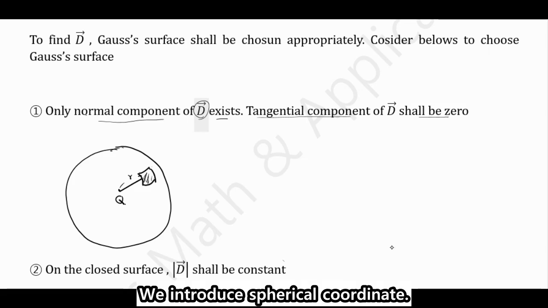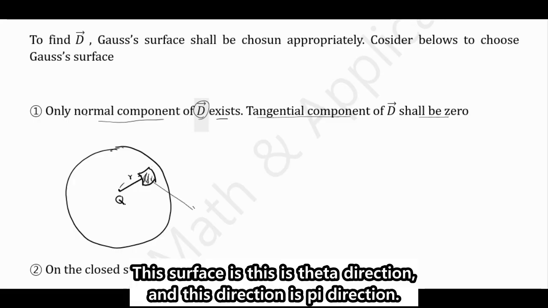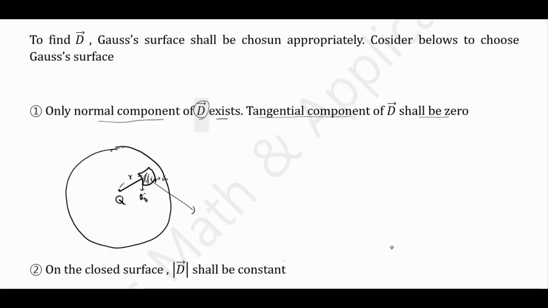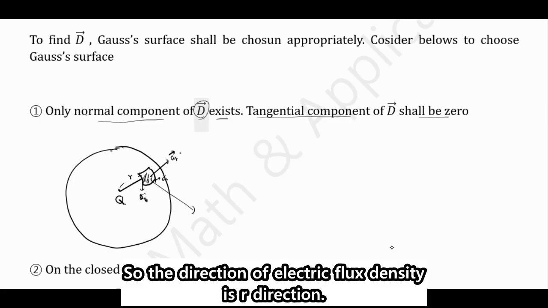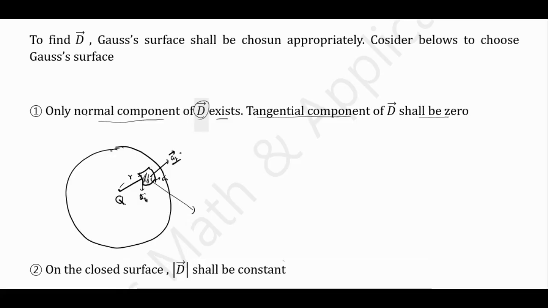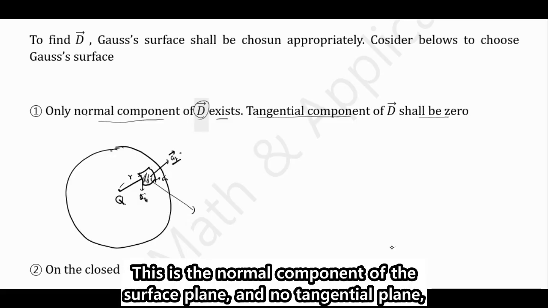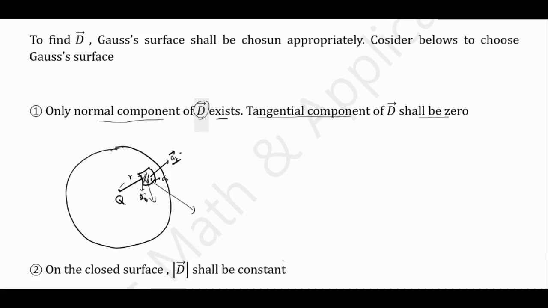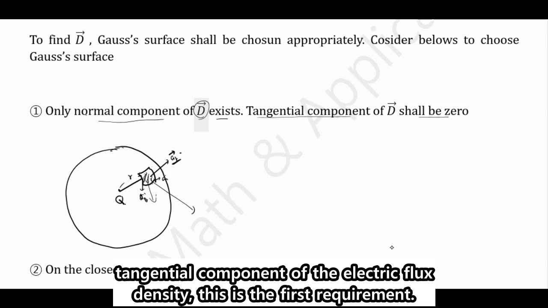We introduce spherical coordinates. This is theta direction, and this direction is phi direction. This is r direction. So the direction of electric flux density is r direction. This is the normal component of the surface, and there is no tangential component of the electric flux density.